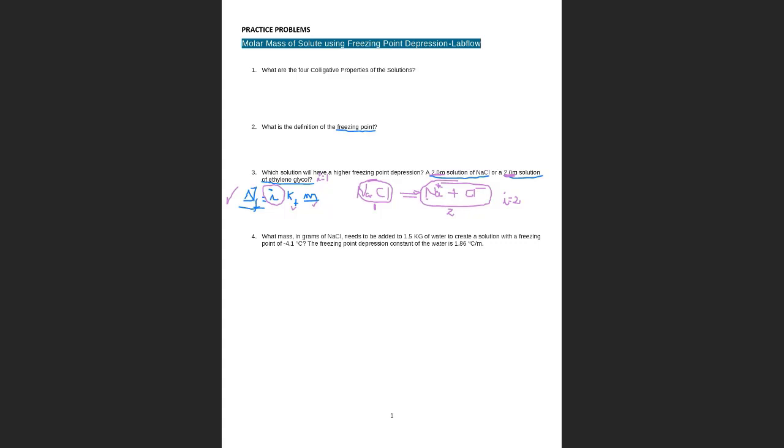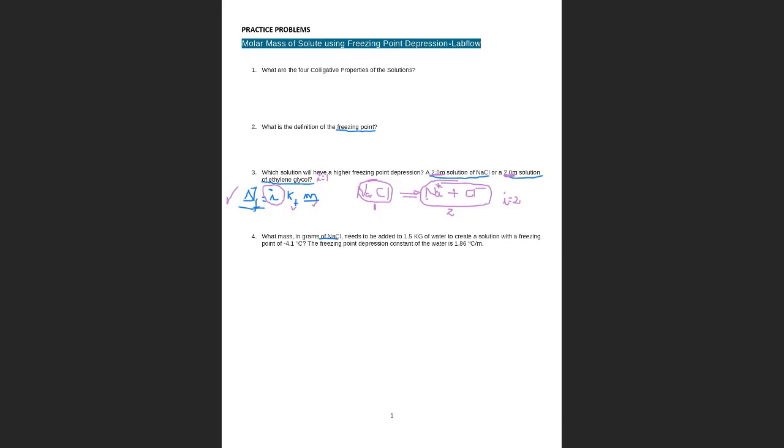What mass in grams of sodium chloride needs to be added to 1.5 kilograms of water to make a solution with a freezing point of minus 4.1? And they give us the freezing point depression constant of the water.